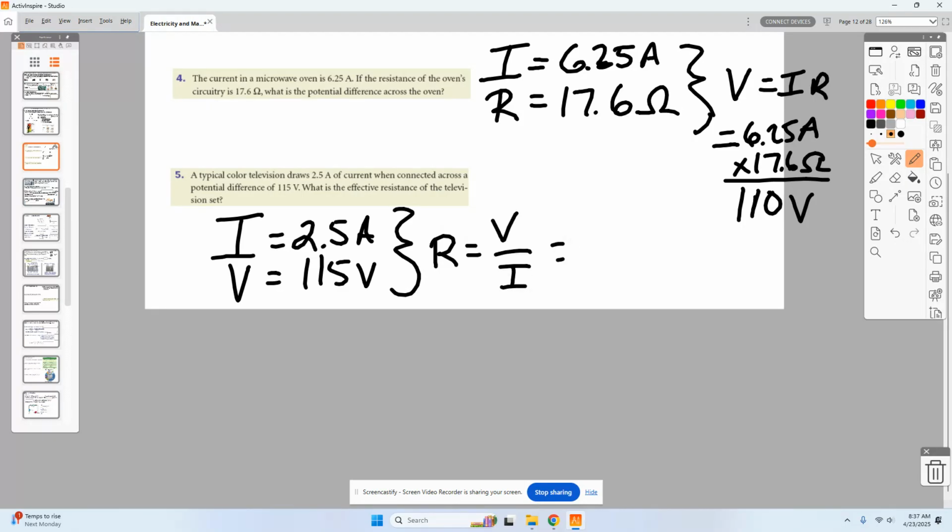Again, I would expect that you can use that equation, V is equal to I times R, to solve for the thing you're looking for. R would be a ratio of V to I, so 115 divided by 2.5 amperes. That gives me 46.